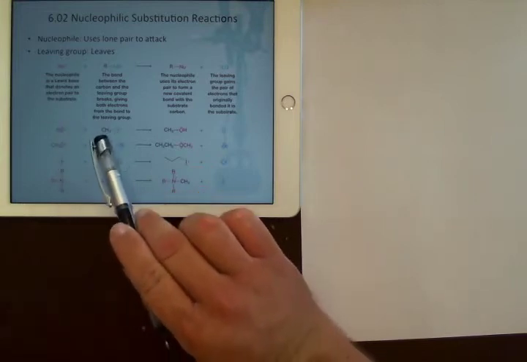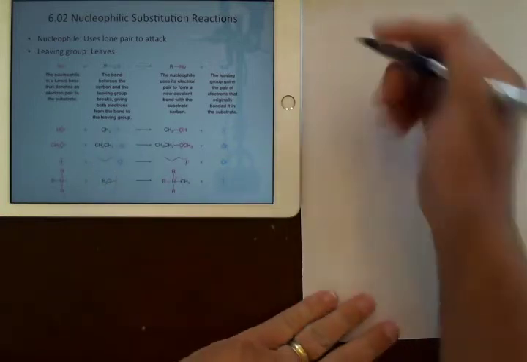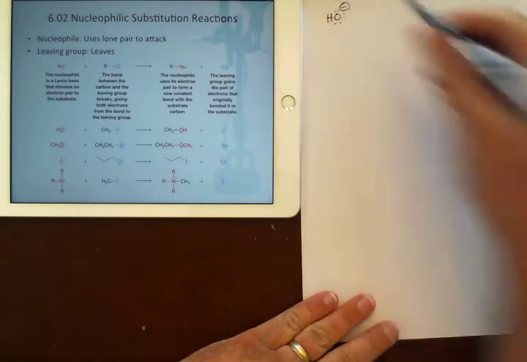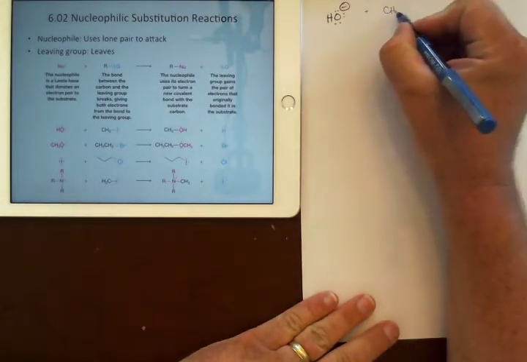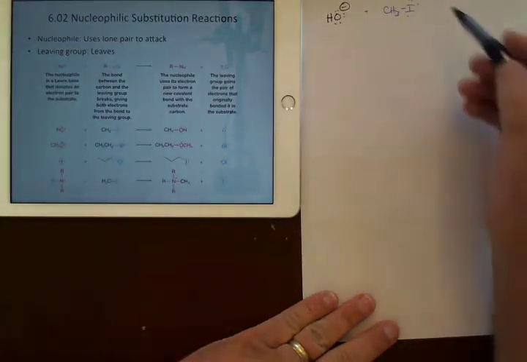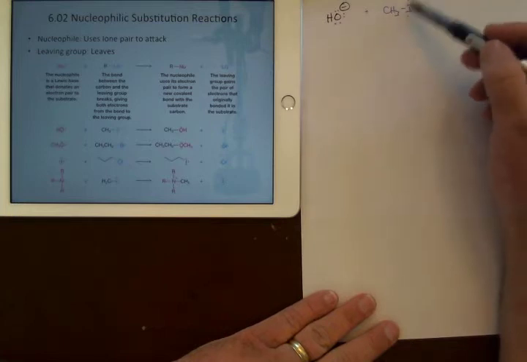So for here, the OH is going to be our nucleophile. It's going to attack because there's a partial positive and a partial negative. This has a negative charge, so it's the nucleophile. In CH3I, there are lone pairs on the leaving group, but that's okay.